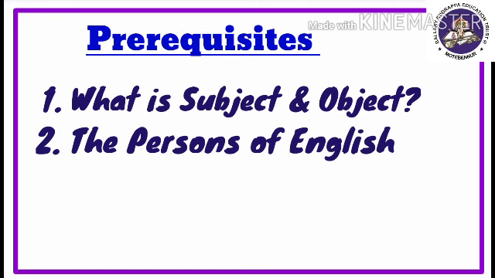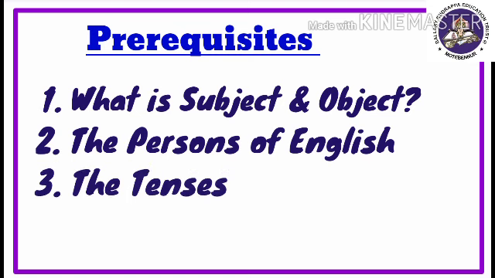The third idea is about tense. Every one of us should know the structure of all the 12 tenses. Already in active voice and passive voice we have discussed important tenses, so that structure we have to remember in our mind. It is impossible to change direct to indirect unless you learn the tense.